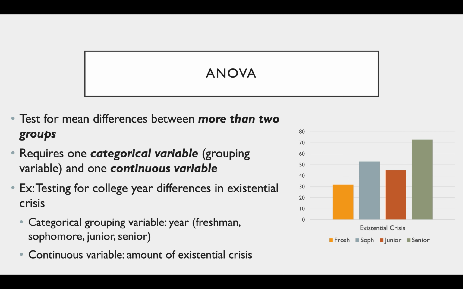We typically think of college as being 4 years, not for everyone of course, but let's say it's 4 years. So I'm now beyond two groups and can't use a t-test anymore, so I'm going to have to use an ANOVA. I'm going to divide my participants into 4 groups: freshmen, sophomores, juniors, and seniors, and measure them on the continuous outcome variable of existential crisis. So I have the categorical grouping variable of their year and the continuous variable of existential crisis feeling.